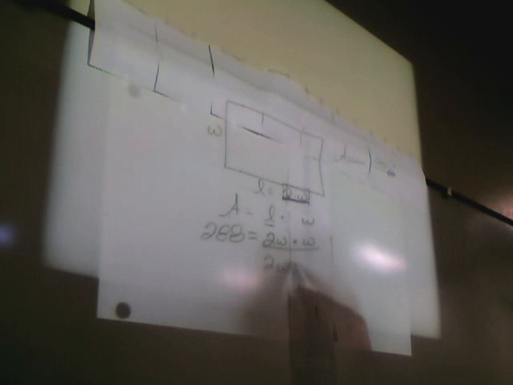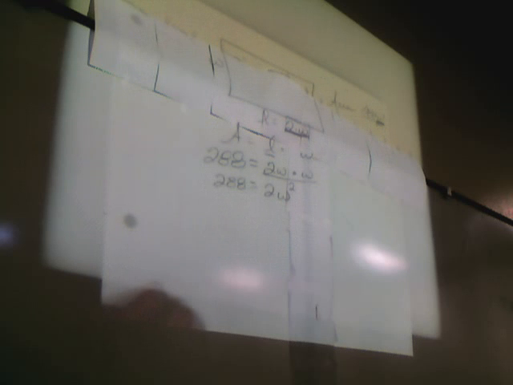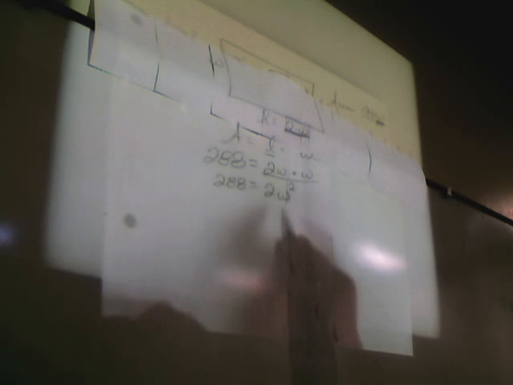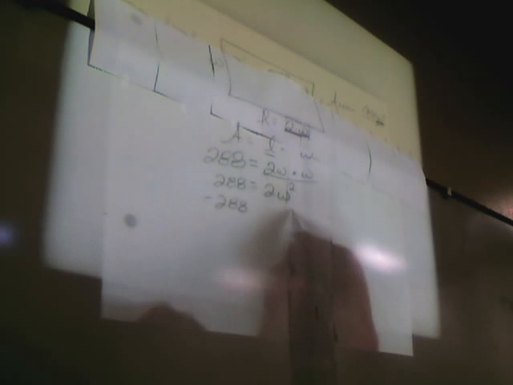2W times W is what? 2W squared, right. 2W squared equals 288. If we were going to solve to make it 0, the way that we've been working on problems, we're going to have to subtract 288, so it's equal to 0.